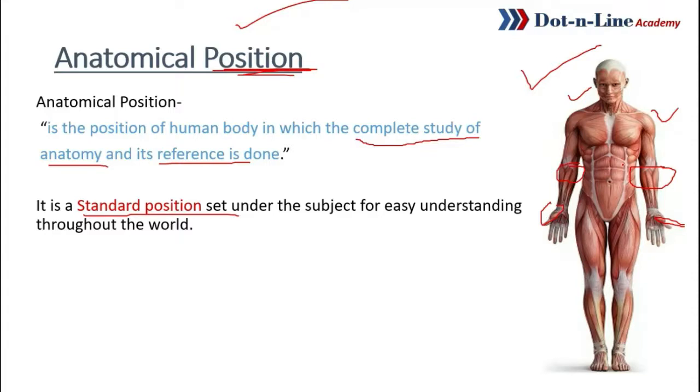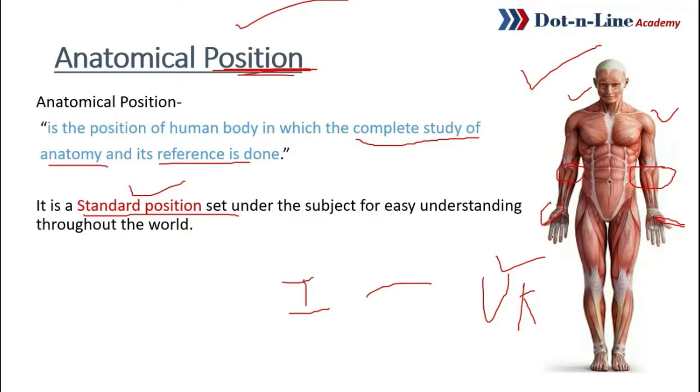A standard position is important because, for example, I am studying anatomy here in India, and my friend is studying anatomy in the UK. If I am explaining anything to him, or discussing any topic with him, he must understand that topic and relate the structure I am talking about through a standard position.